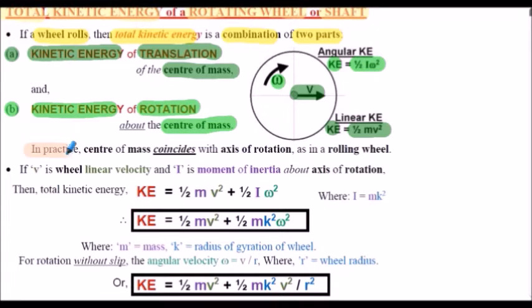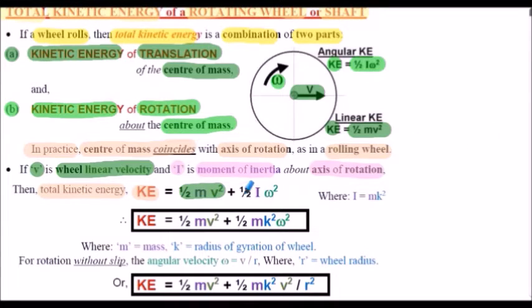In practice, the center of mass usually coincides with the axis of rotation as in a rolling wheel. If v is the wheel linear velocity, I is the moment of inertia about the axis of rotation, then the total kinetic energy of the wheel, KE, is a half mv squared added to a half I omega squared.